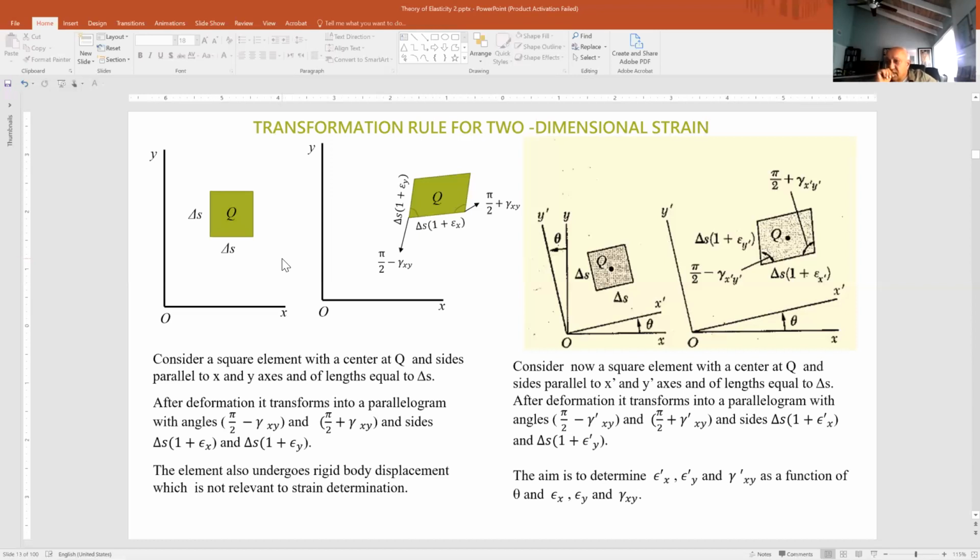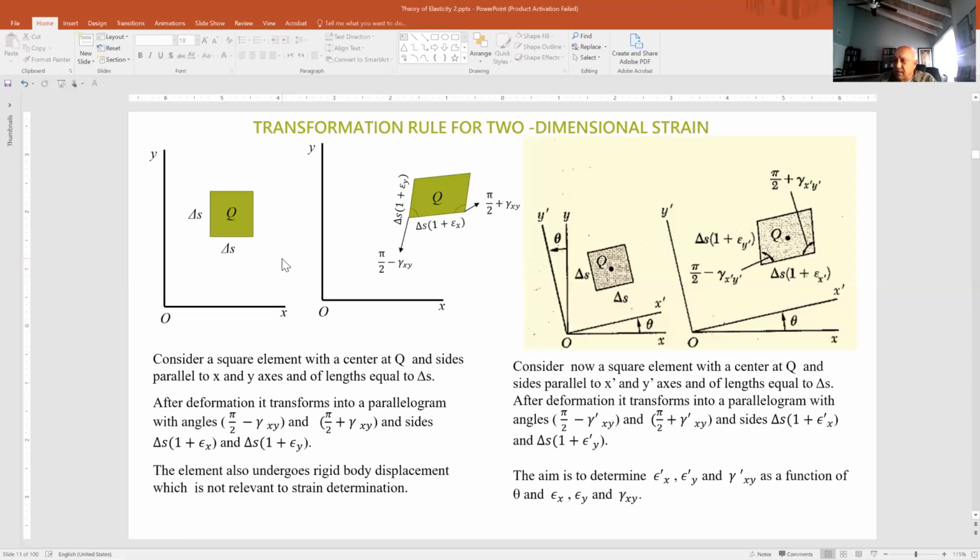So consider, as it's mentioned here, a square element with the center at O, which is parallel to the xy coordinate system. Now we are applying the load, and after deformation, we arrive at that parallelogram picture.